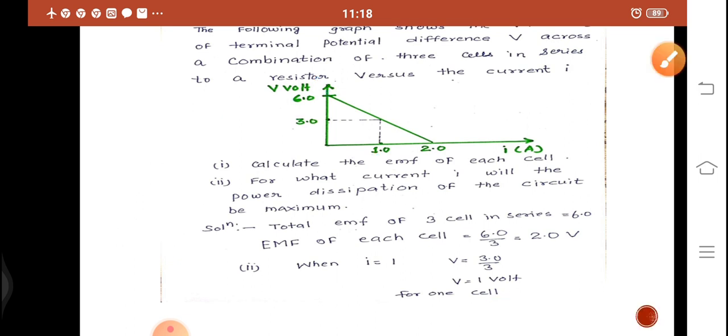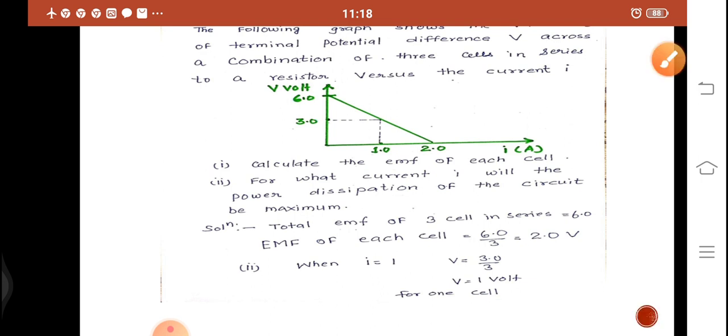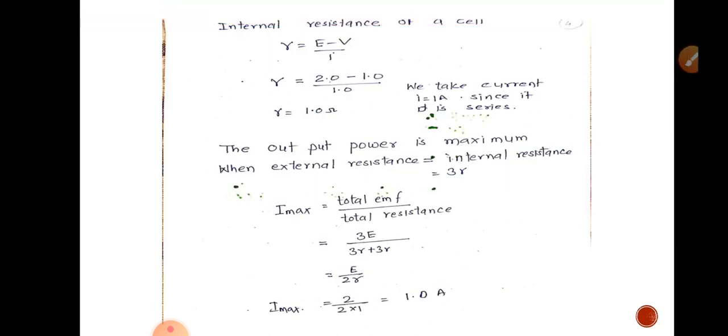So V equals 3 upon 3. So here 3 volt is written, but for 1 cell it is 1 volt. Then volt is 1, current is 1. So the internal resistance is E minus V upon I.